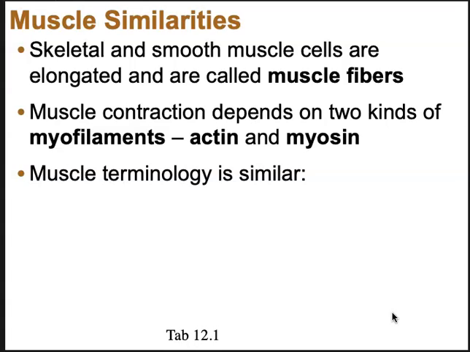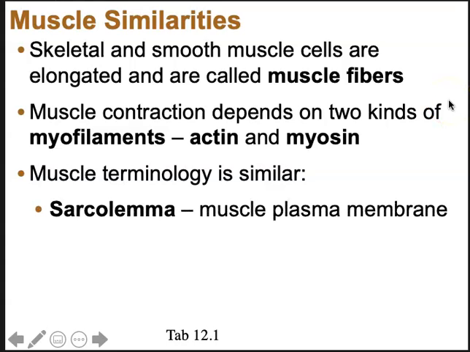We do refer to them as muscle fibers. Their contraction depends on two kinds of myofilaments, actin and myosin. You may have heard them referred to as thin filament for actin and thick filament for myosin.